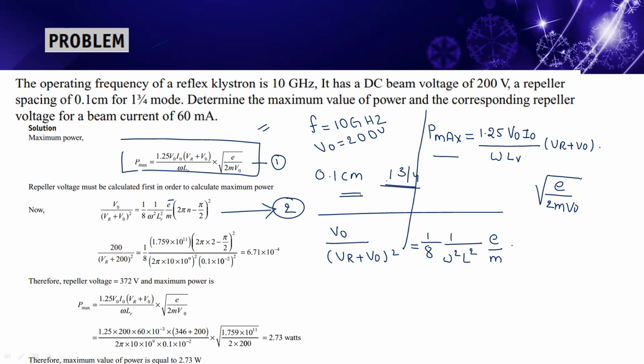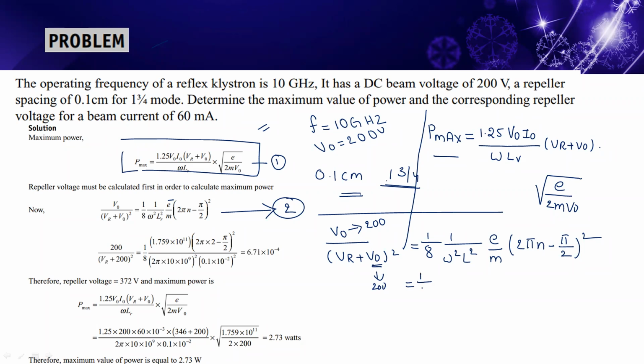Just to recall from our previous theory, the mode term is 2 pi n minus pi by 2, whole square. Just substitute. V naught equals 200.